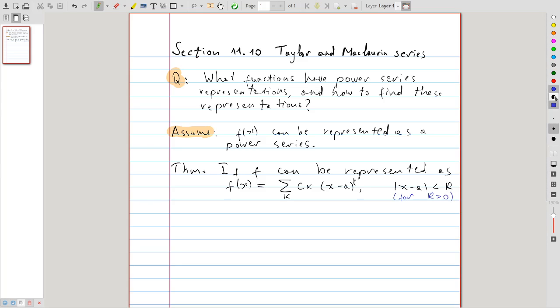So assuming we know this, then we can in fact determine the coefficients c_k like so. We have that c_k is equal to the kth derivative at the point a of f divided by k factorial, k greater than or equal to 0.